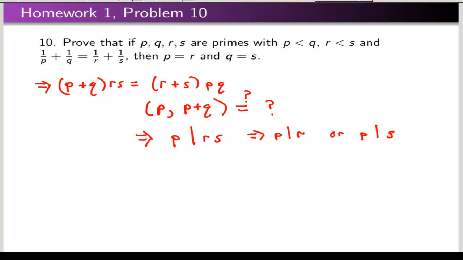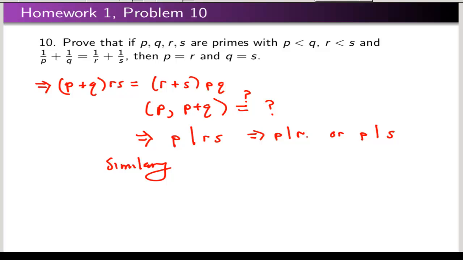Okay, so we have that fact, and then by symmetry, and then what does that mean? If these are primes, that would mean what?